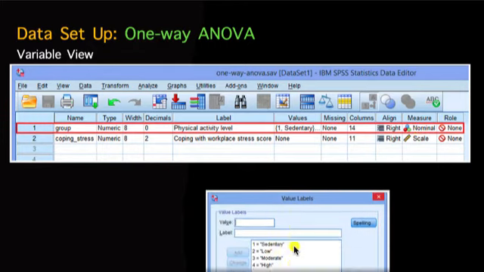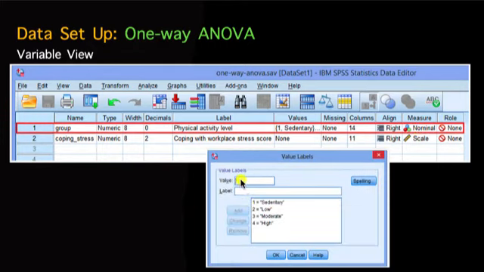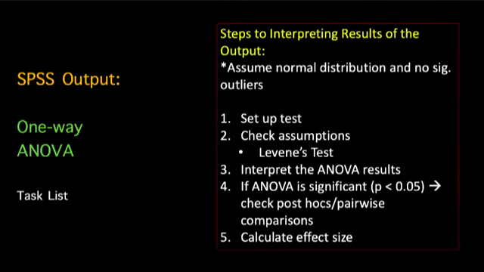And then we also need to identify those categories where we insert some value and then a label that's associated with that value. In this example, 1 is sedentary, 2 is low, 3 is moderate, and 4 is high. Once we have our data organized appropriately in SPSS and labeled appropriately, we can then look to our task list.